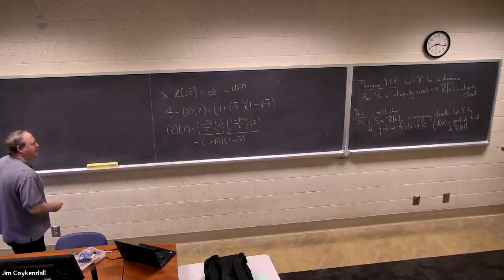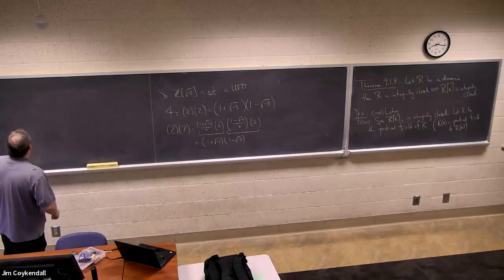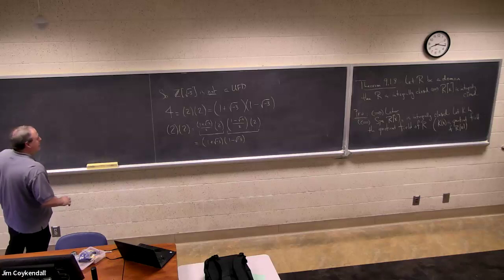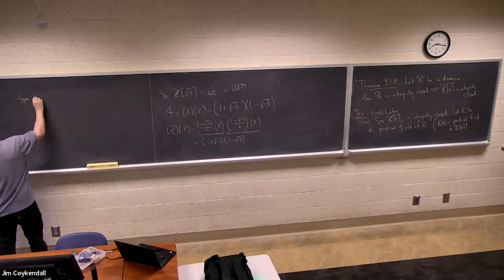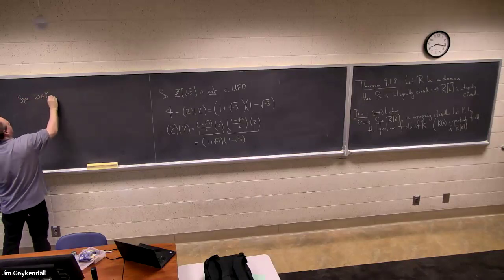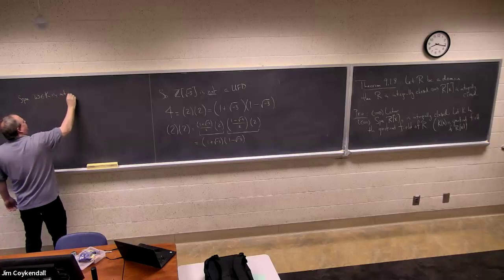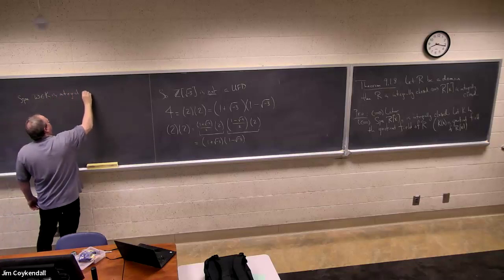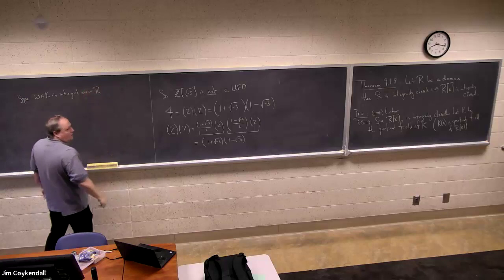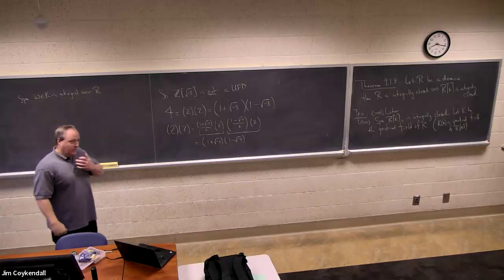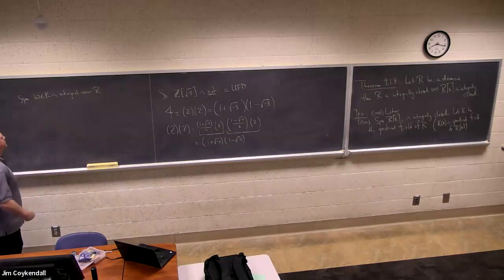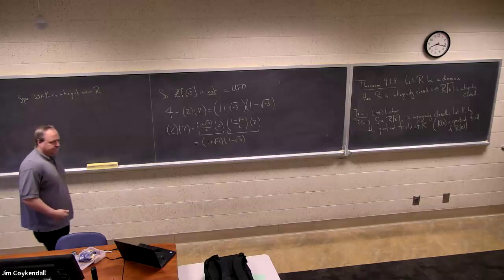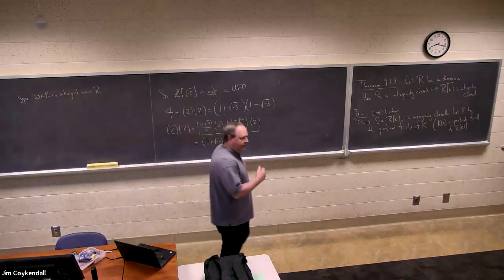So anyway, let's continue with this. Suppose omega in K is integral over R. We want to show that it's already in R, right? So how do we do this?